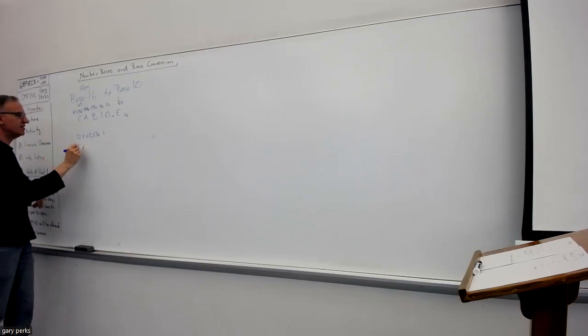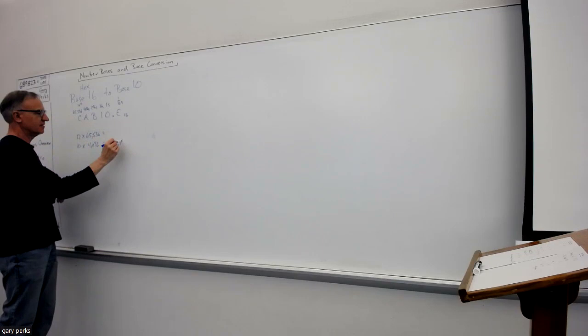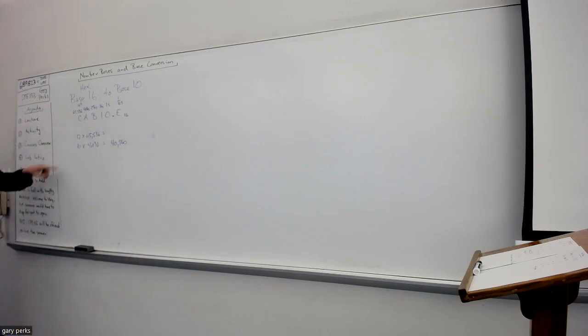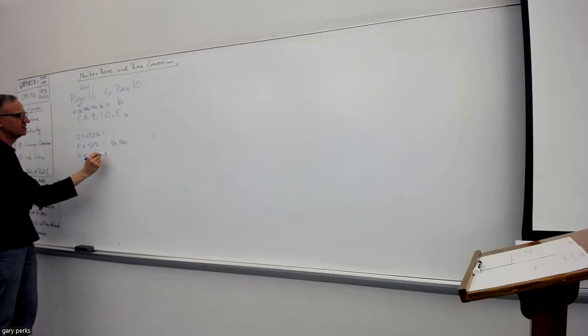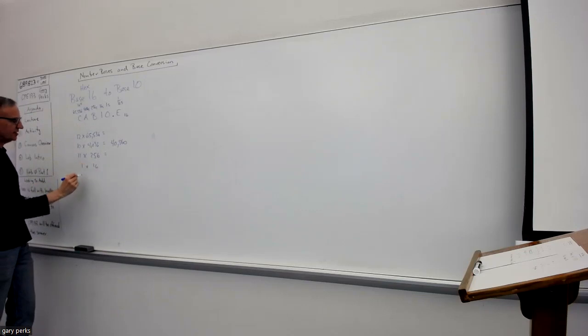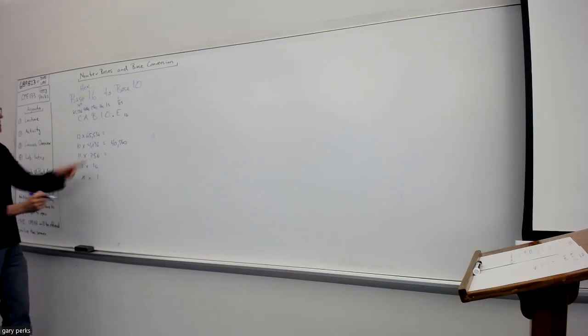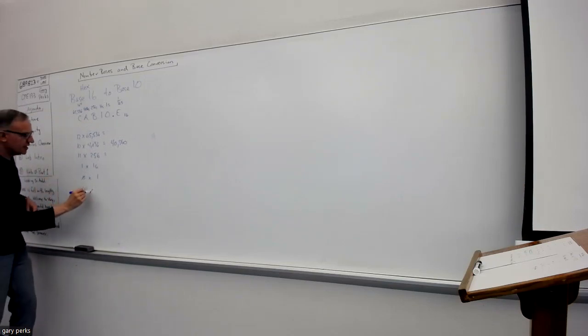So we'd have 10 times 4,096, which is 40,960. What's B worth in hexadecimal? 11. So that'd be 11 times 256. Then we'd have 1 times 16, and we don't have any ones, so it'd just be 0 times 1. And then what's E? 14. So we'd have 14 times 16.